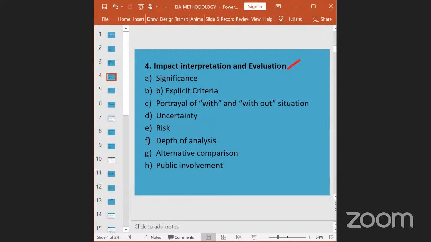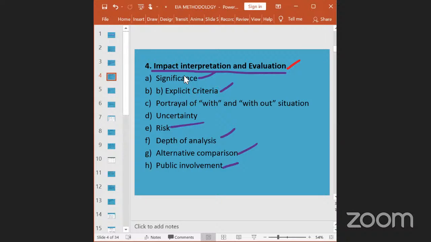And fourth, what is the fourth one? Impact interpretation and evaluation. So we have some steps here: significance, explicit criteria, portrayal of with and without situation, uncertainty, risk, depth of analysis, alternative comparison, and public involvement, right?